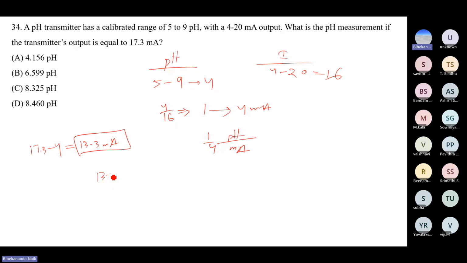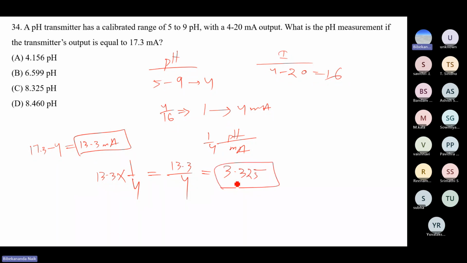So it will be 13.3 into 1 by 4, because for 1 change in pH, the current change is 4 milliampere. So for 13.3 change in current, it will be 13.3 by 4 change in pH. 13.3 by 4 is 3.325.